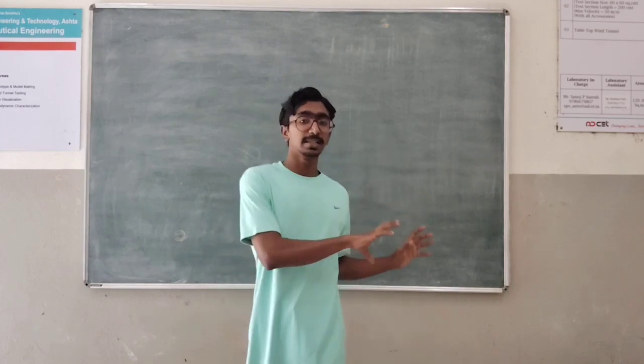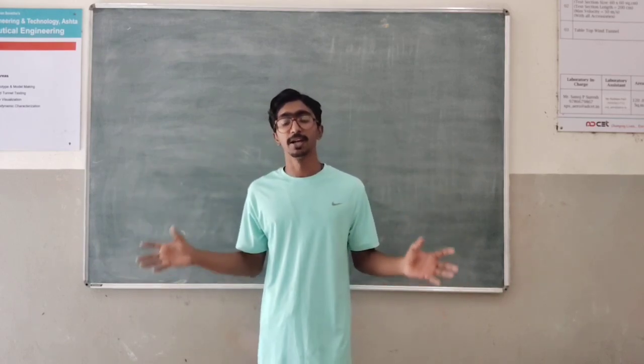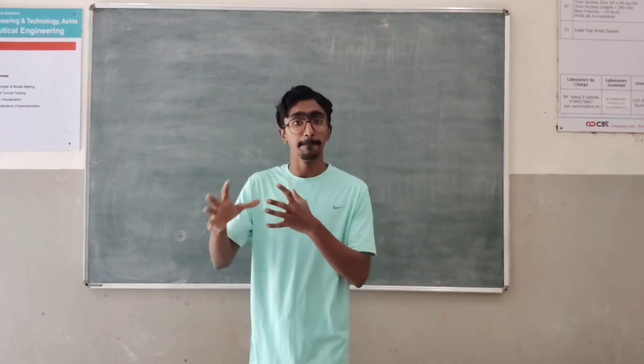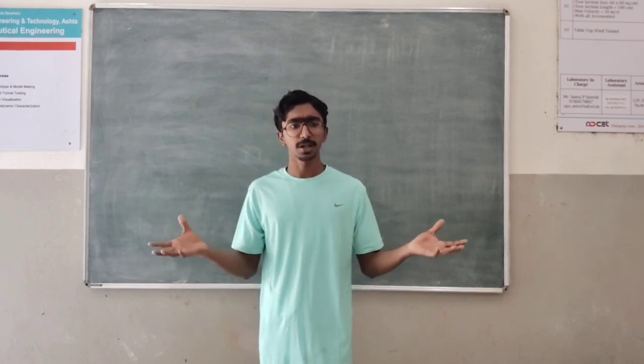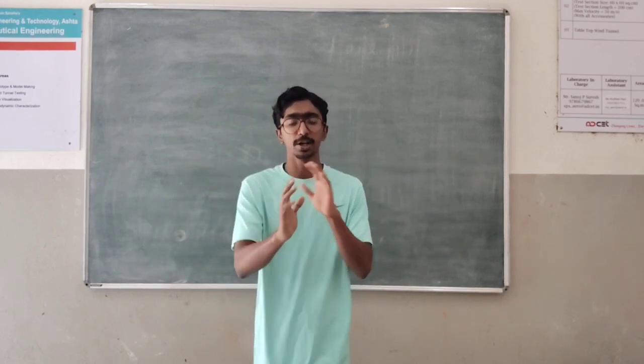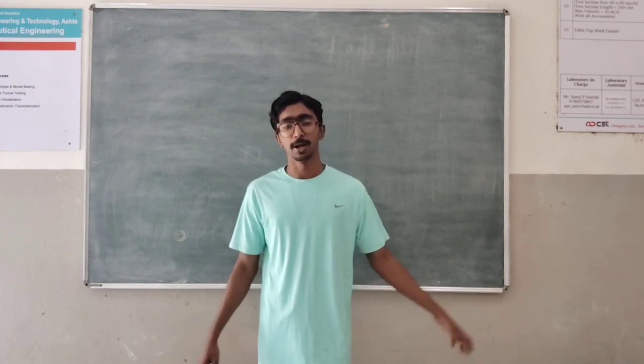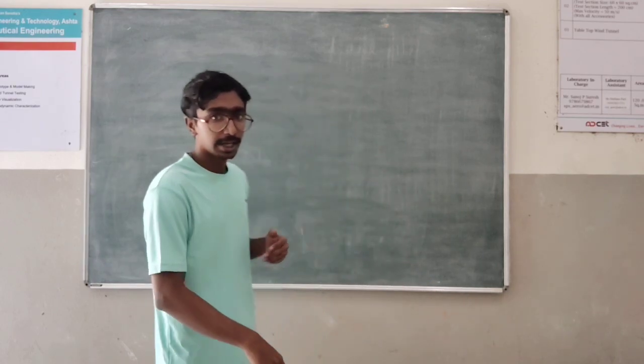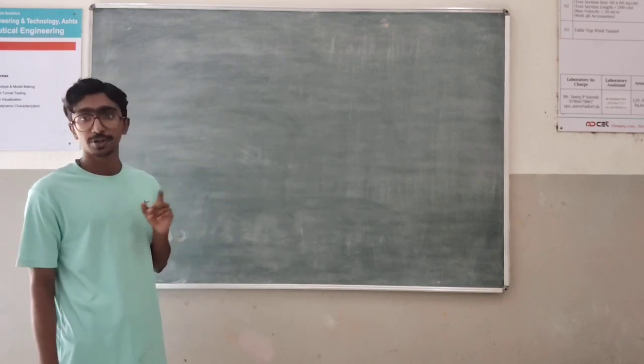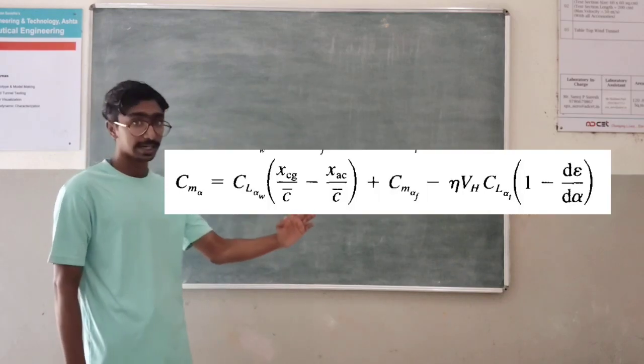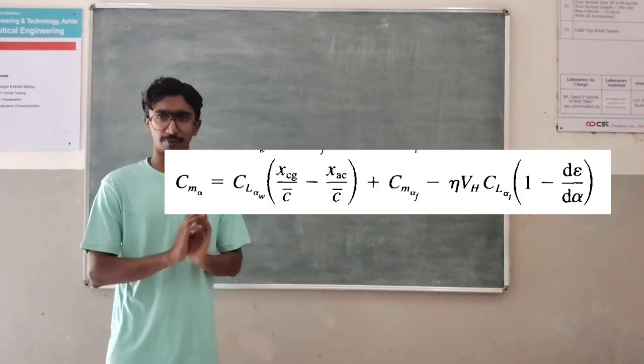So in this way, these three parts of the aircraft will be very much impacting the longitudinal stability, in the longitudinal axis basically. Now by combining all this, we get a formula of the coefficient of moment with respect to angle of attack of the whole aircraft.